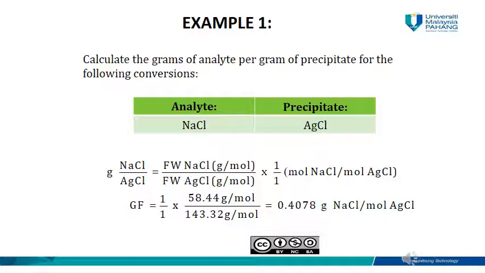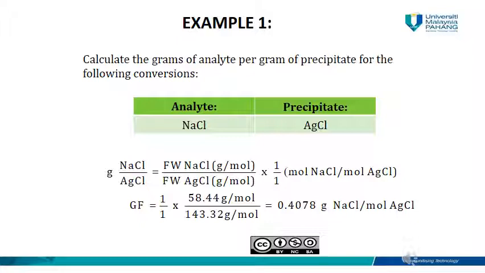What I want to show here is that the most important ion between this analyte and precipitate is actually the chloride ion. When you look at the chloride ion in the analyte and precipitate, you can see very clearly that the ratio is 1 to 1.